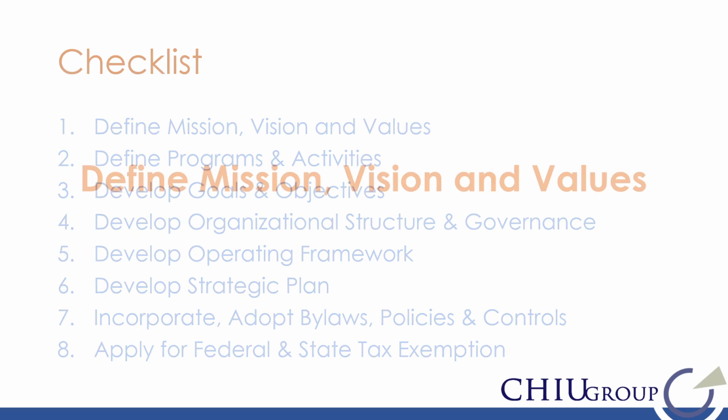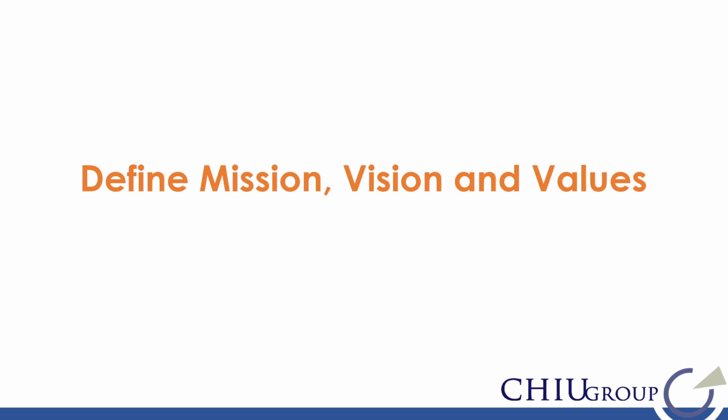So let's start with step 1, which is defining the mission, vision, and values of the organization. Now, we've talked extensively about mission and vision in our other videos, particularly the video on a guide to social entrepreneurship, because many individuals, when they first start out, get these two terms confused.